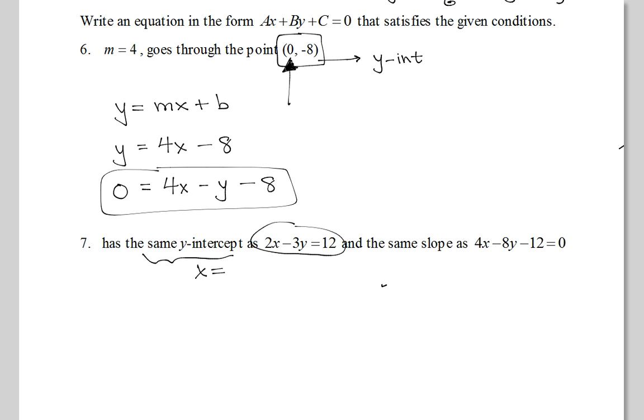So go in here and make x 0. 2 times 0 minus 3y equals 12. Minus 3y equals 12. Y is negative 4. That's the y-intercept.